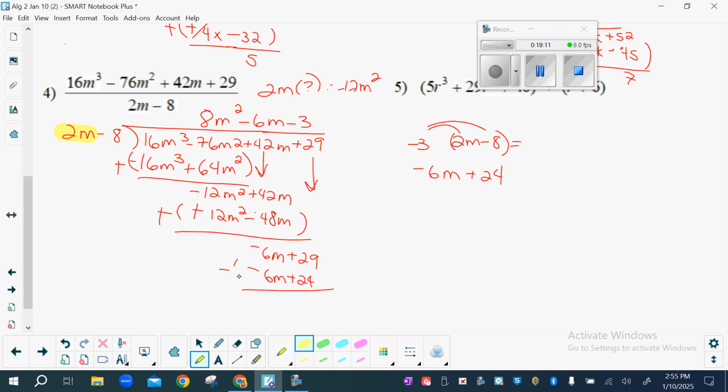And then we subtract, so we change our signs. And then what do we get? And so we write our remainder as plus 5 over 2m minus 8.